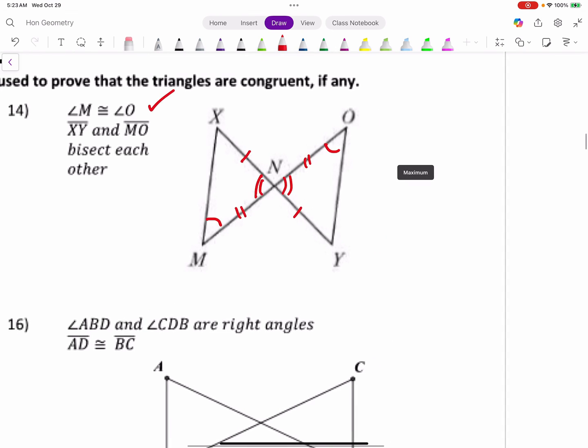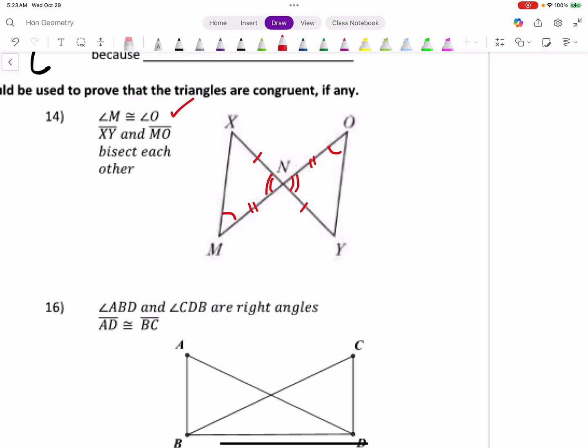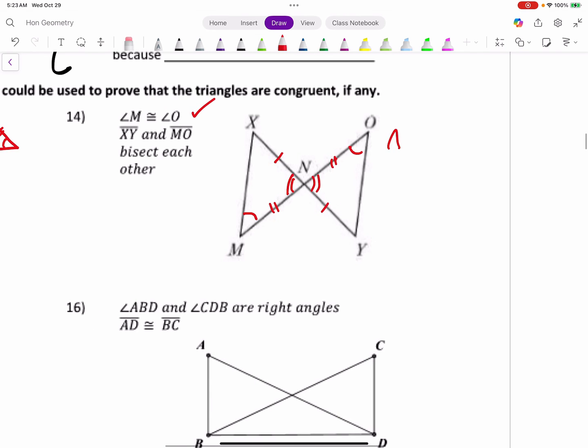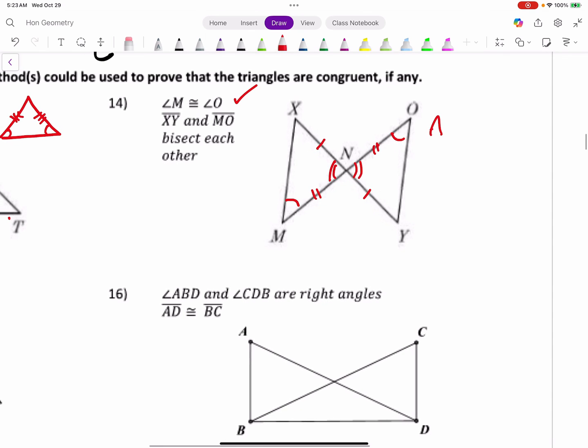So with that, we got all sorts of reasons. Angle, side, angle. Let's say angle, side, angle right there. That's probably where I'd go first.